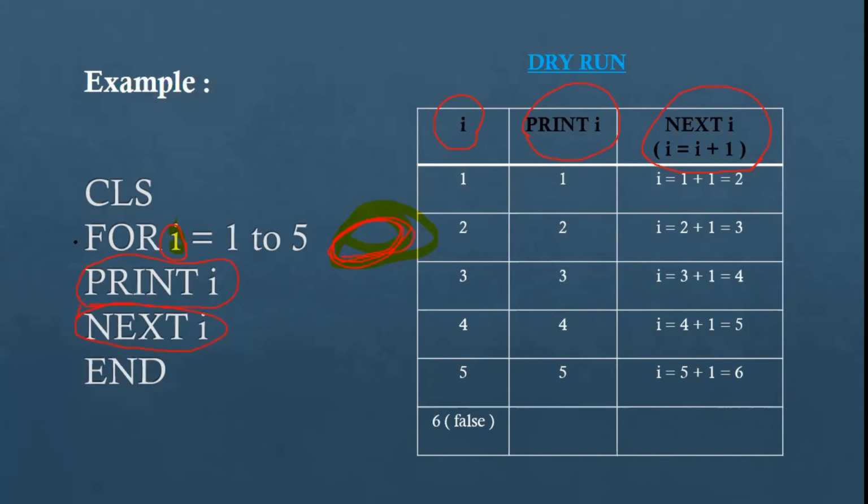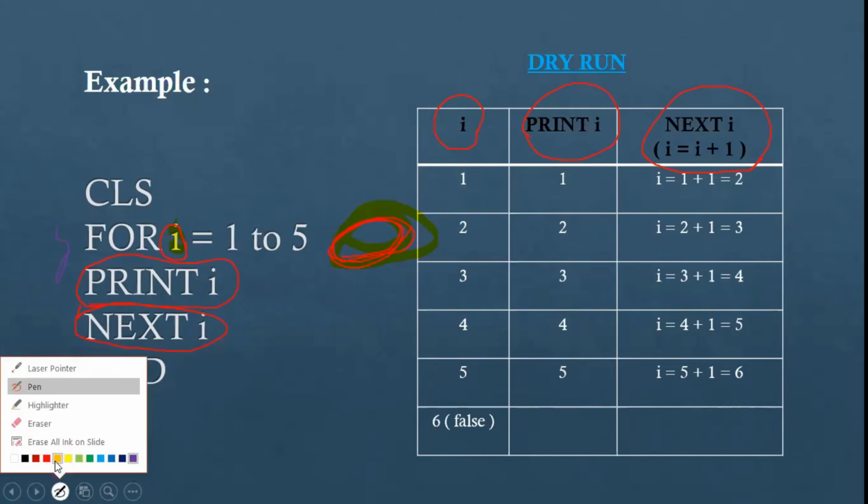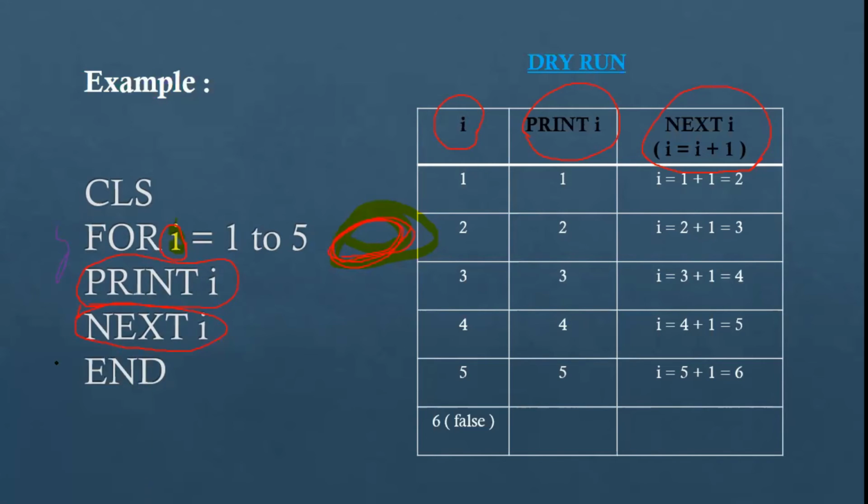So let's see now how this program is going to work. Let me take another one, a little better. When we start this program, the first line will compile this CLS, and then our interpreter will go to the second line.